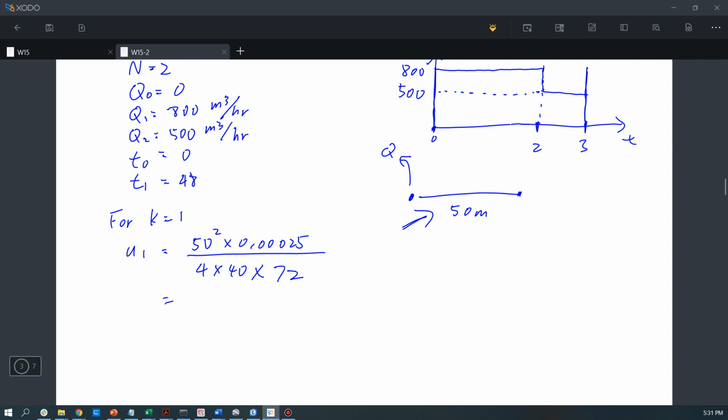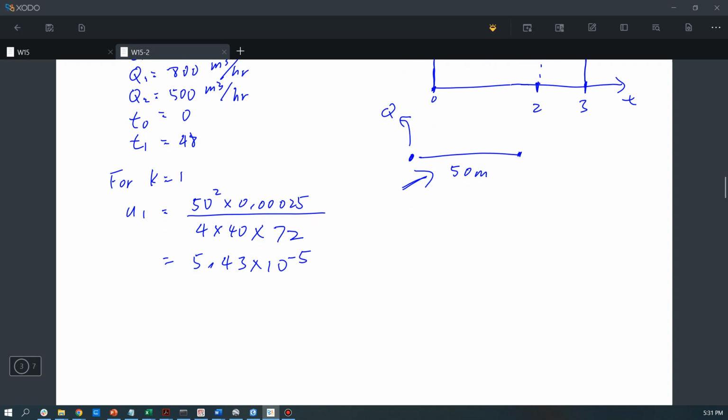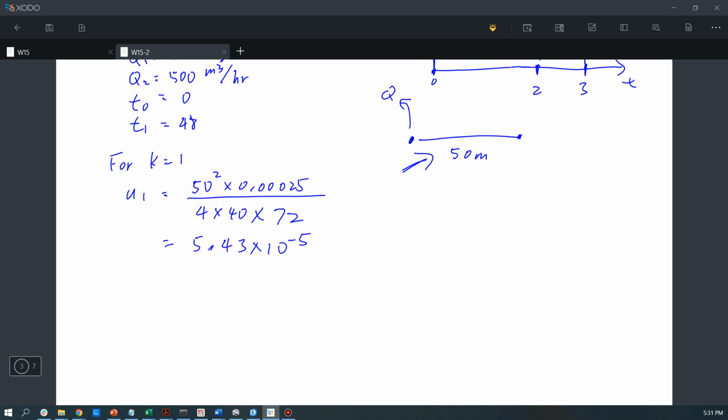So we have the value 5.43 times 10 to the power of minus 5. And we get that the value for the well function is 9.248.